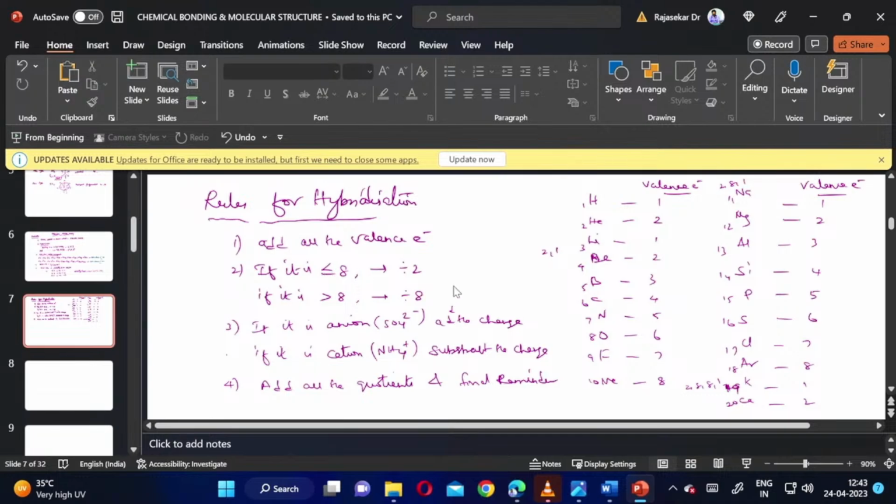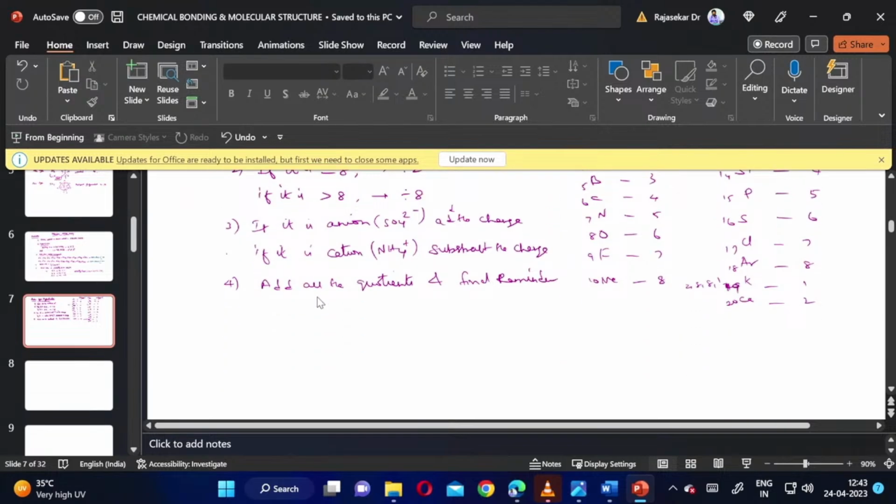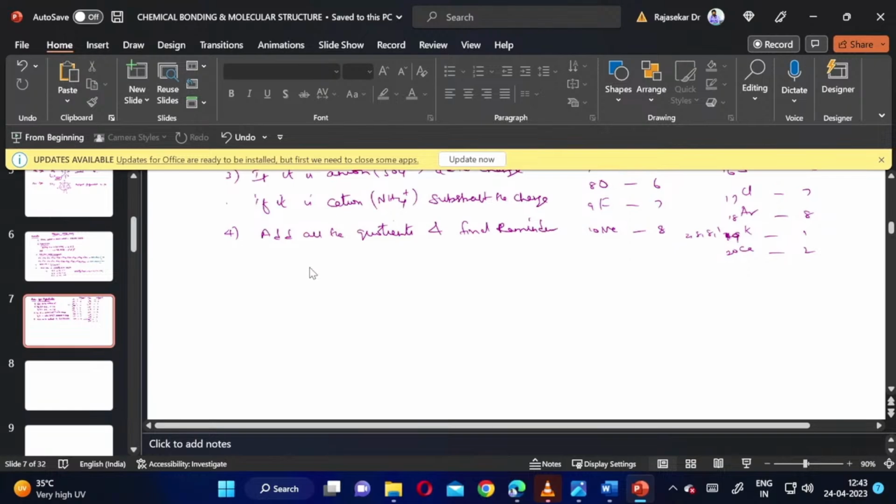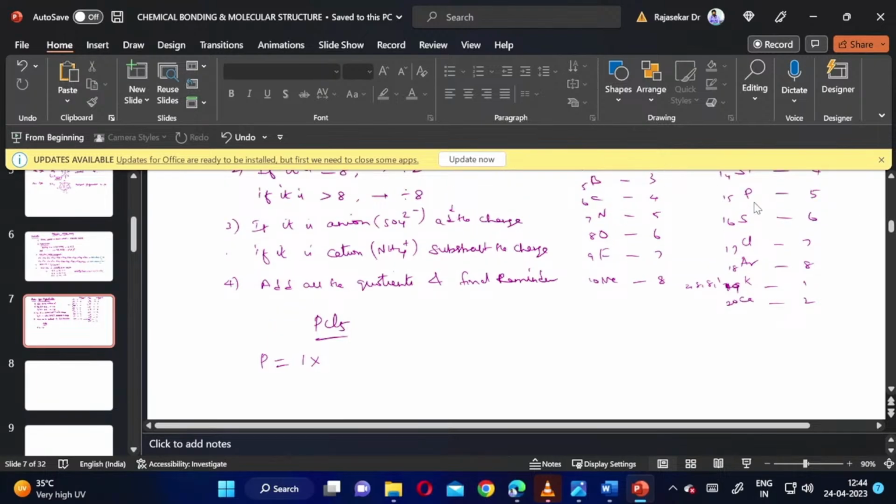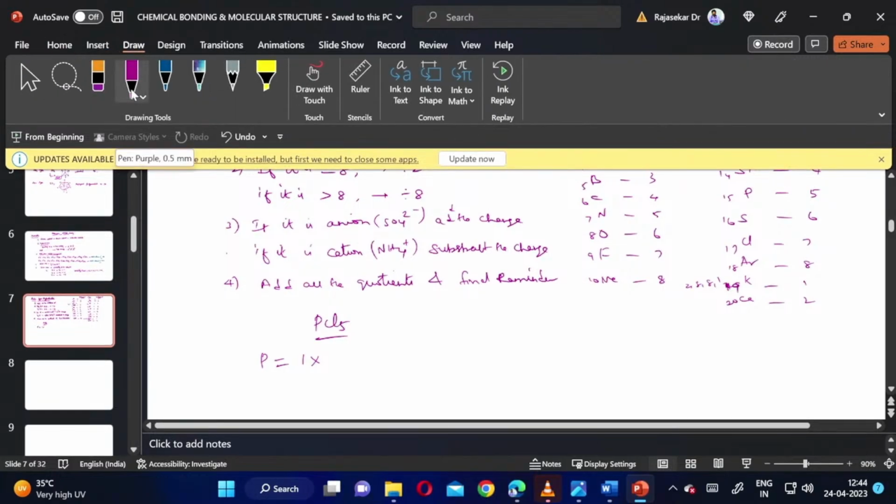Now I will take one example of how to find the hybridization of these molecules. The best example I usually take is PCl5. Phosphorus: number of atoms is 1, into its valence electrons, which is 5.